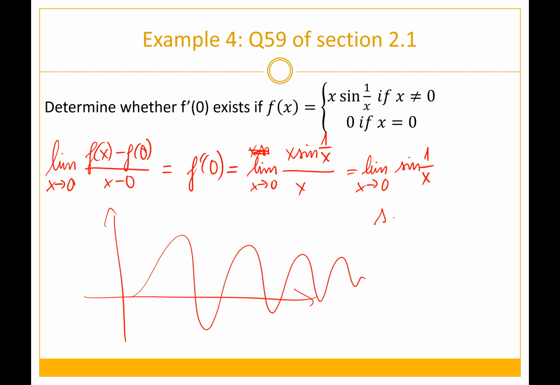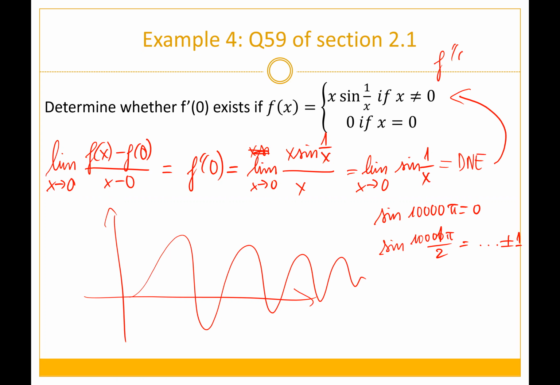Maybe sine of 10,000 pi is 0, but sine of 10,001 pi over 2 is a different value, like positive 1 or negative 1. It keeps going up and down, so this limit doesn't exist. Our conclusion is that f prime of 0 does not exist.